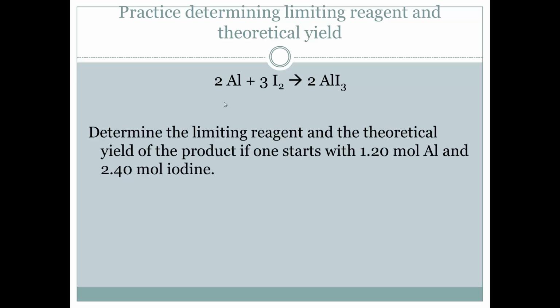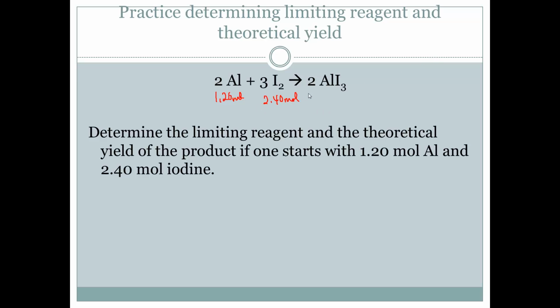So we have determined the limiting reagent and theoretical yield of the product if one starts with 1.20 moles of aluminum and 2.40 moles of iodine. Essentially what you're going to be doing here is two different lines of stoichiometry.